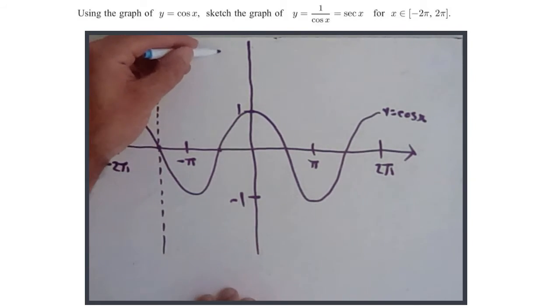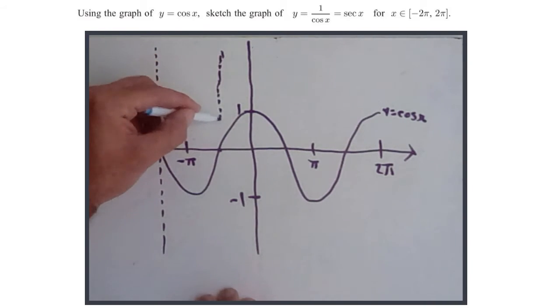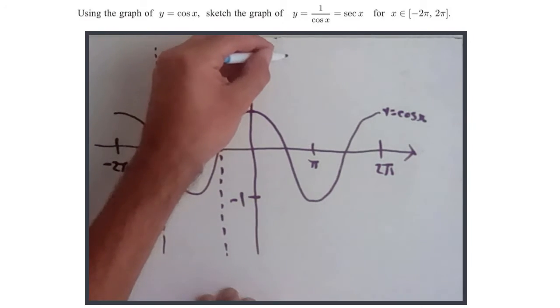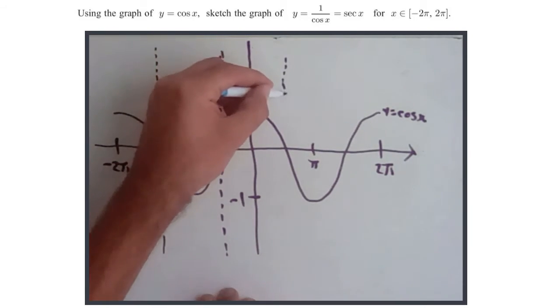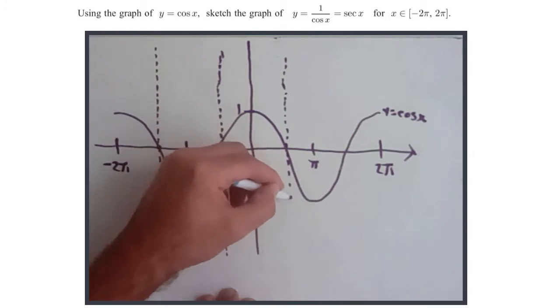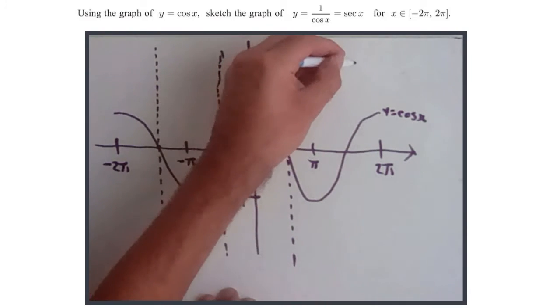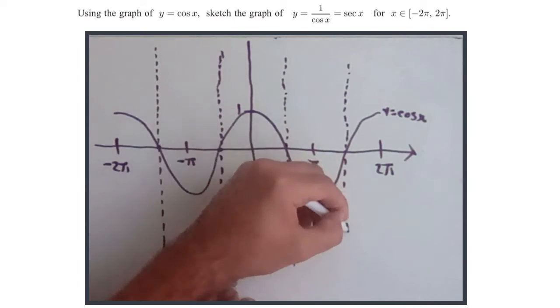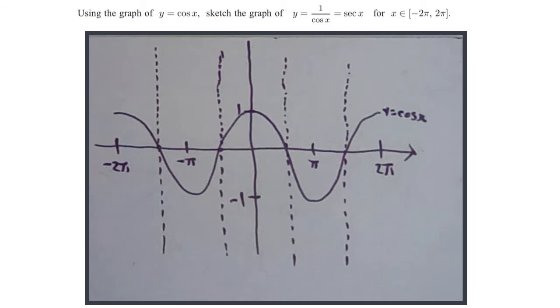There's going to be another one there. Here. Okay, so they're a bit wobbly, but they are 4 vertical asymptotes, right?